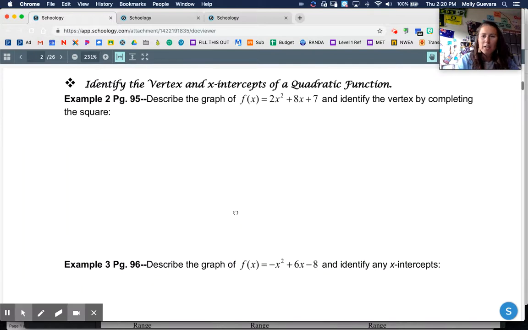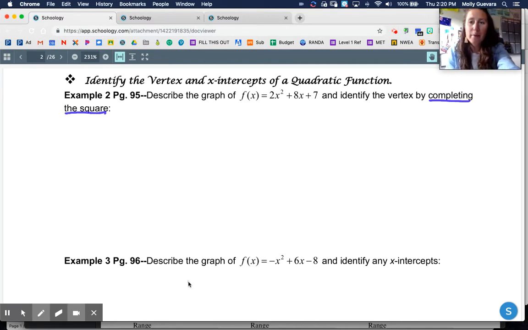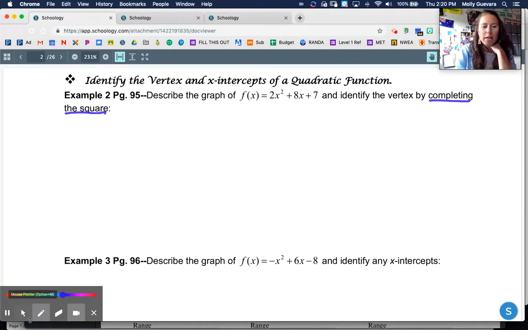Example 2 is all about completing the square. If you do not remember how to do this, one, we're going to go over 2 problems of it. And if you still don't remember how to do it, then reach out, let me know, let your teacher know, and we'll get some extra practice and help for that, okay?